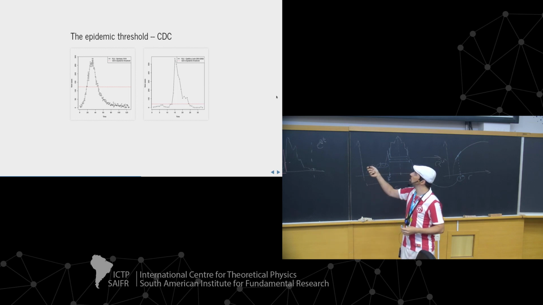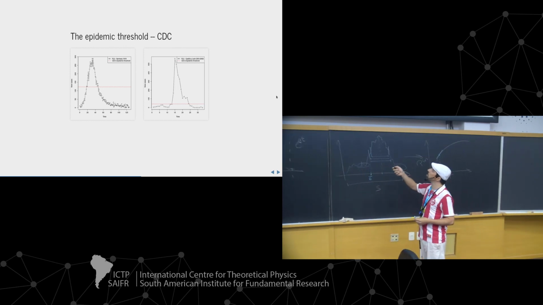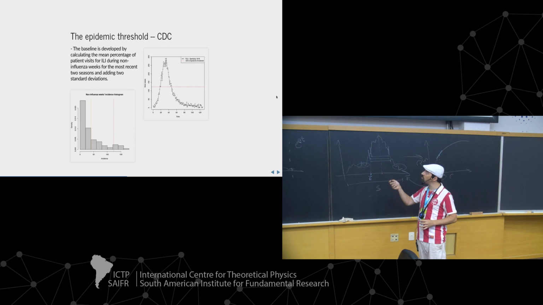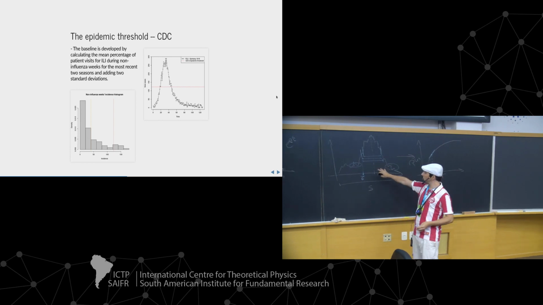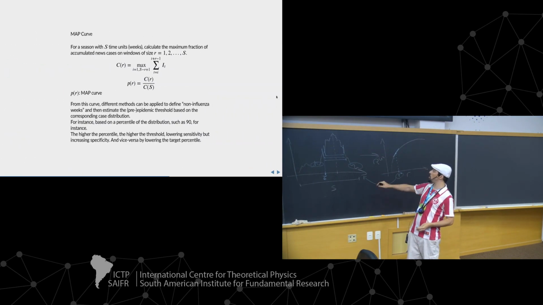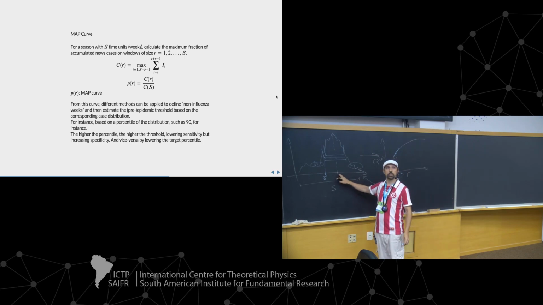So using this distribution instead of the overall distribution might lead to a better definition of the epidemic threshold, even with the CDC approach of looking at the distribution of non-outbreak weeks. And here, with the MEM method, they are already exploiting that particularity.